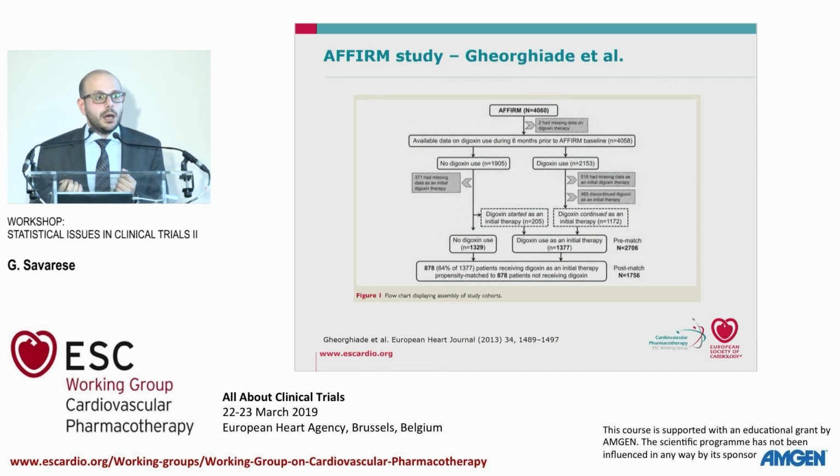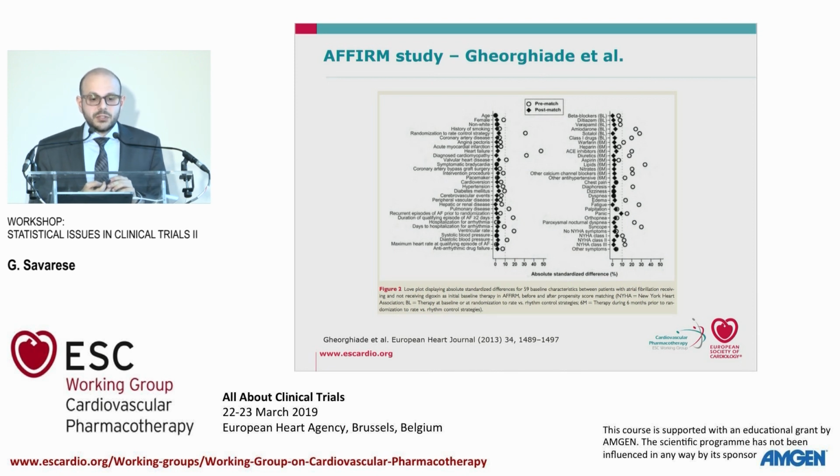So maybe propensity score values in patients receiving digoxin were like 0.9, but in patients not using digoxin it was 0.5. Completely different numbers, and so not all patients receiving digoxin could find a patient with a similar propensity score in the control group. So that's why there was a highly selected group of patients when the propensity score matching was performed, okay?